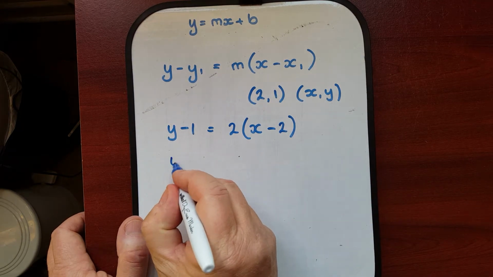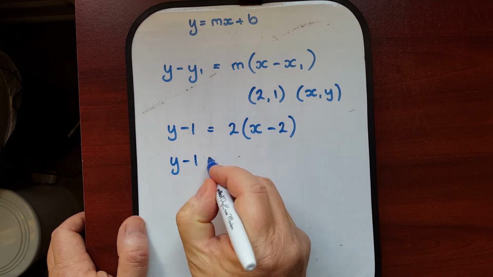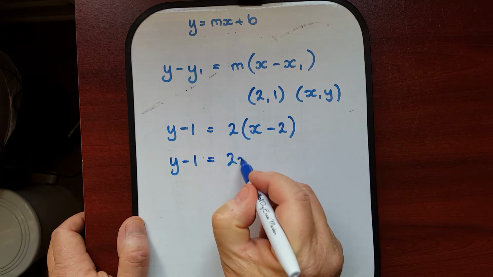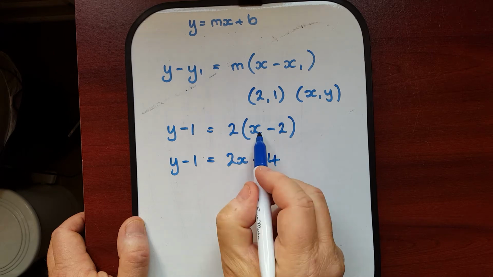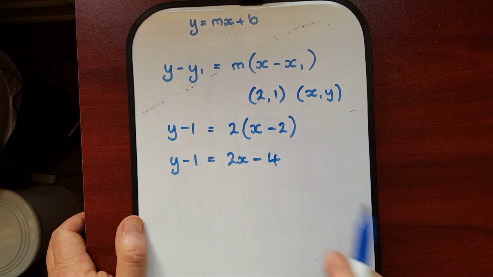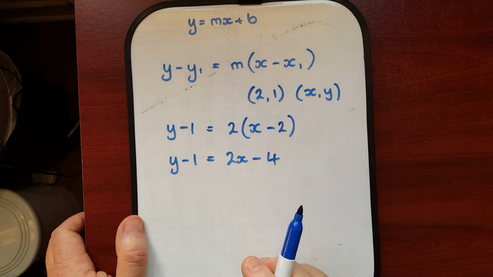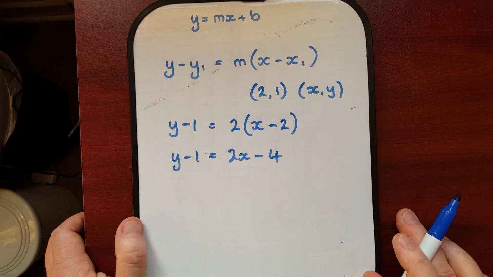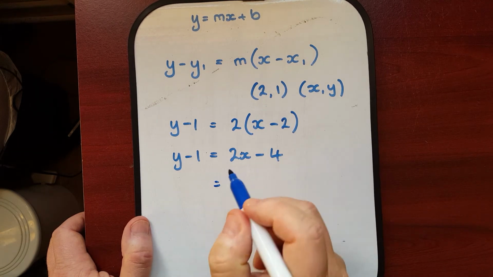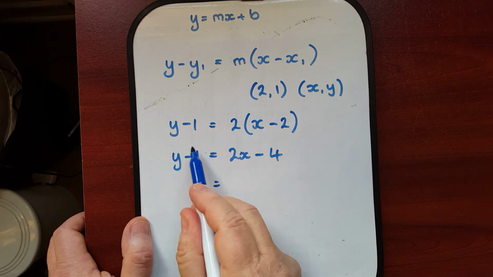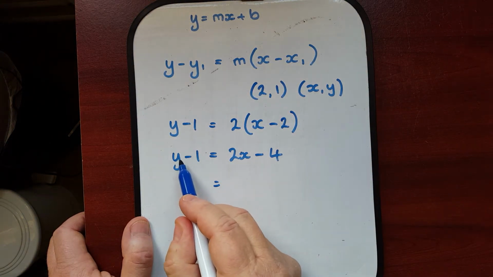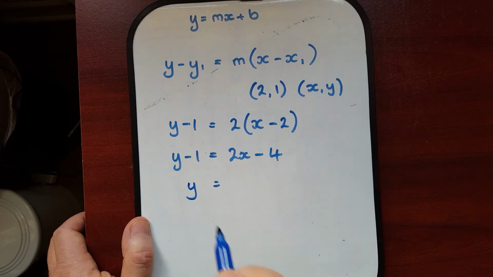Now let's just expand those brackets. y minus 1, can't be changed, equals 2x minus 4. All right, 2 lots of x, 2 lots of minus 2. Now, we need to get the y on its own, and in order to get the y on its own here, we're going to add 1 to it, because then that's just y on its own.